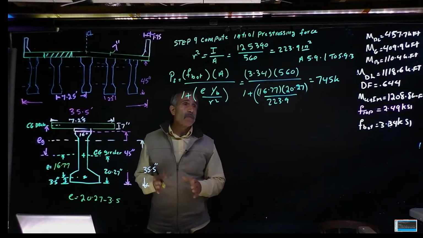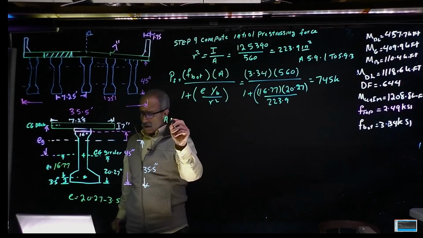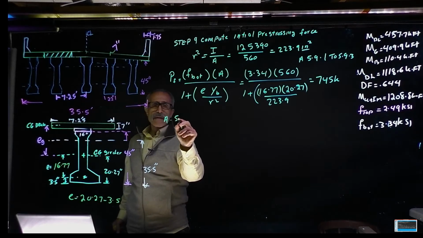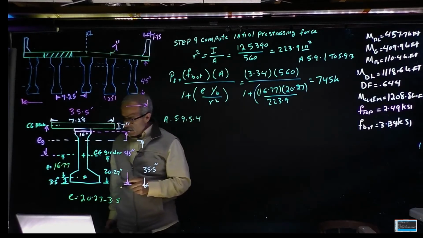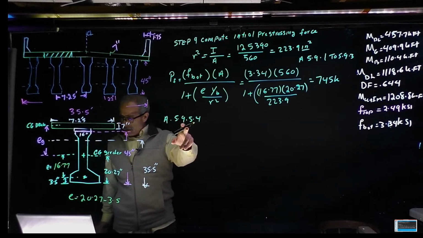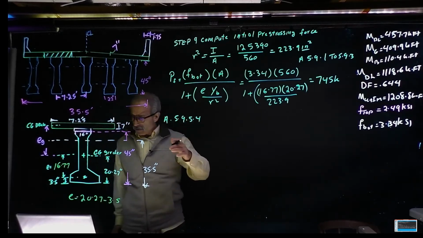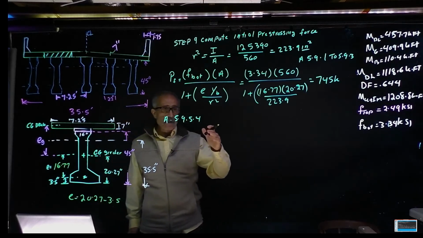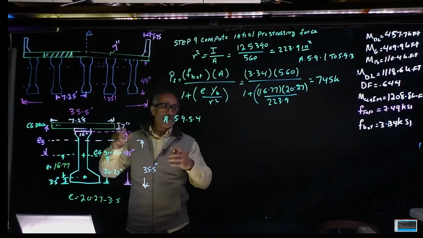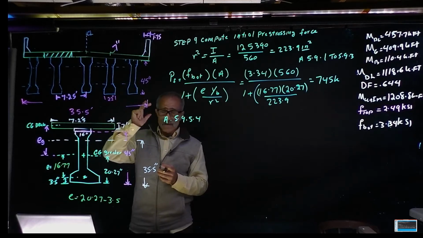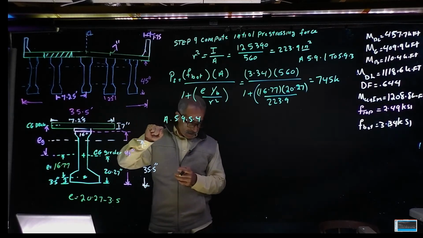Okay, so per AASHTO 5.9.5.4, we have the pre-stressing immediately prior to transfer. It's going to be 75% of the tension that we have for the pre-strand, which we talked about at the beginning, was 270 KSI.